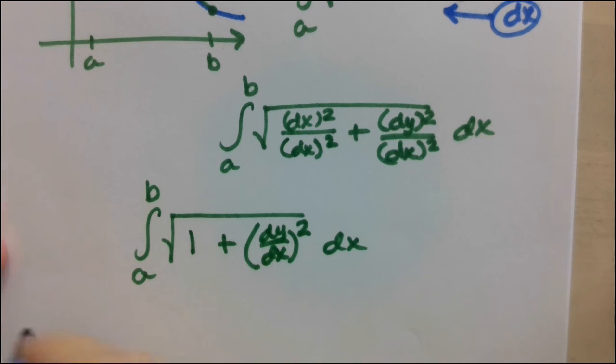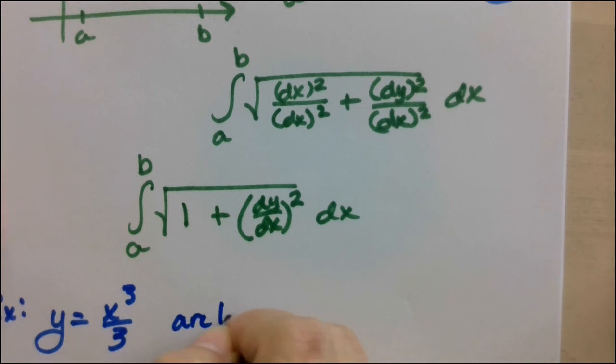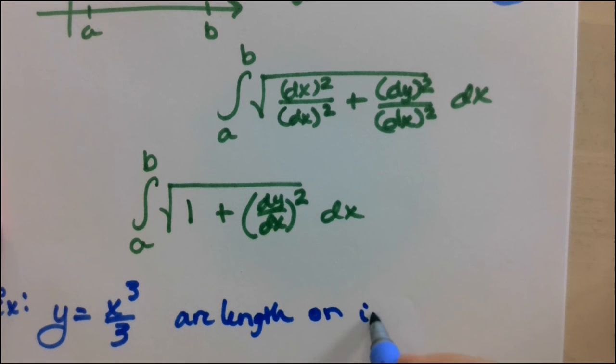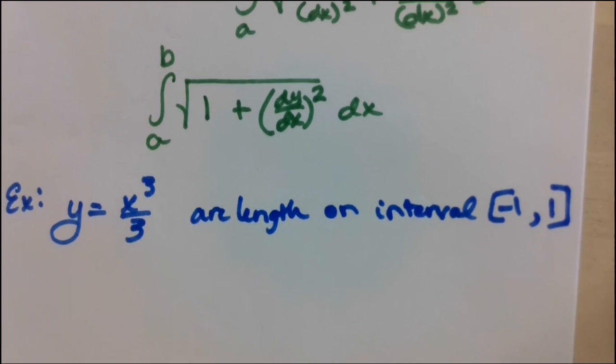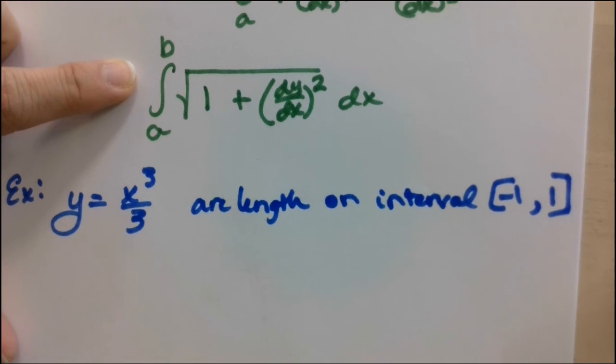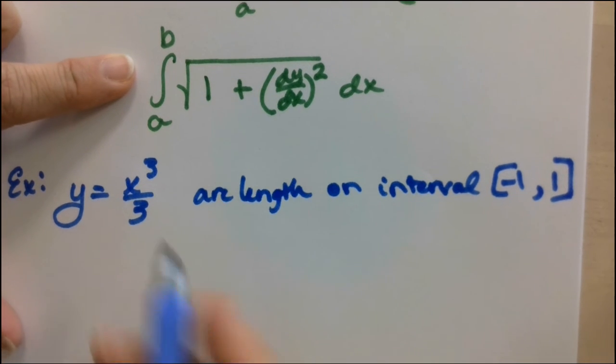Let's look at an example. Let's say I have the curve y equals x cubed over 3, and I want to find the arc length on the interval -1 to 1. So I'm just going to use our arc length formula here. And obviously, to use this formula, I need dy/dx.